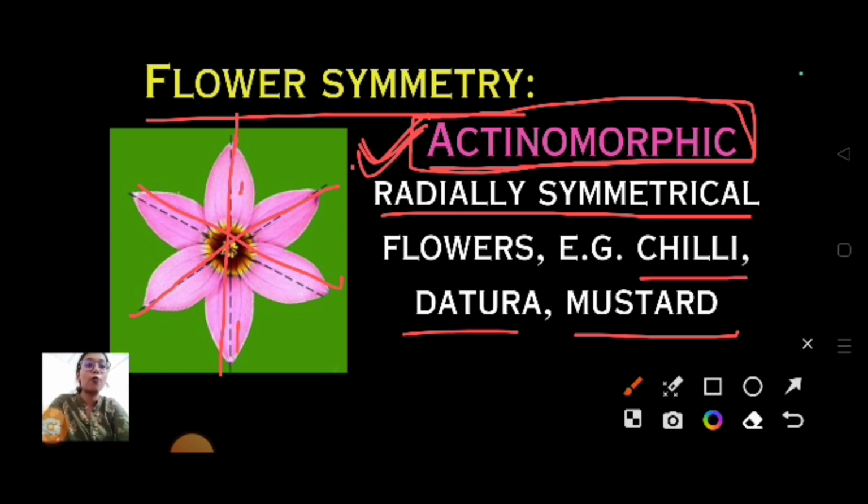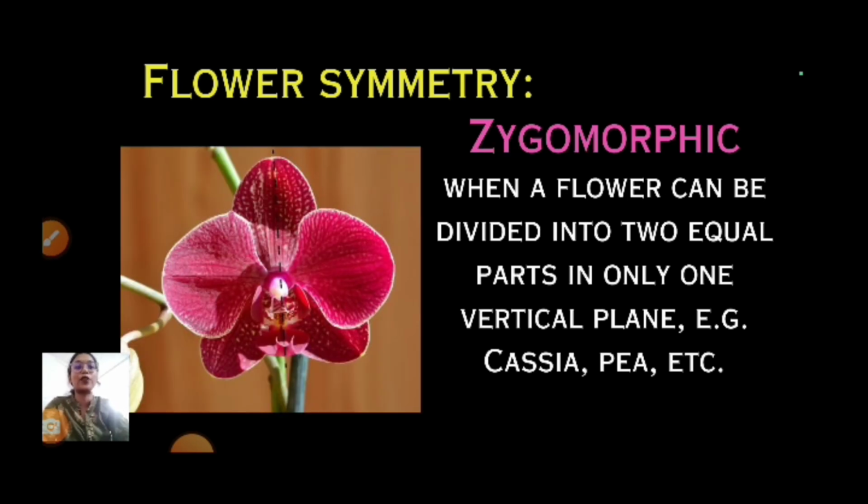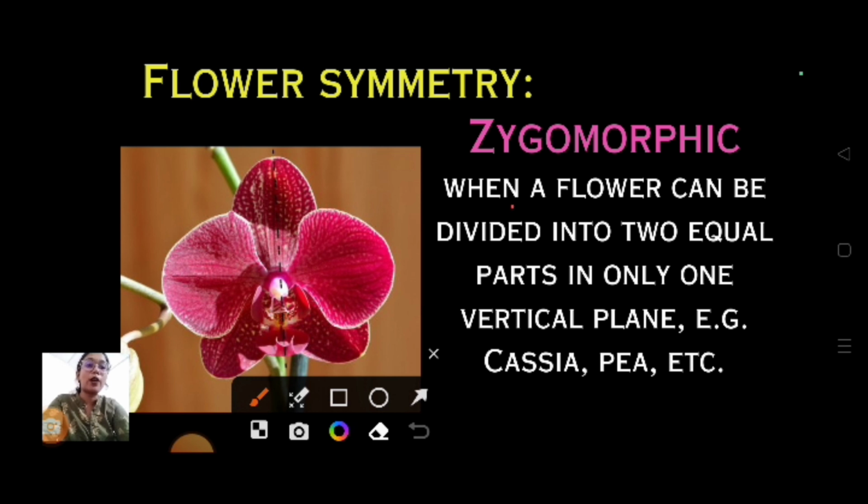Okay, this is somewhat similar to the radially symmetrical, which we have studied in what? In animal kingdom. Okay. Are you getting? Then moving on to the next type of symmetry is zygomorphic symmetry, in which a flower can be divided into two equal parts in only one vertical plane.